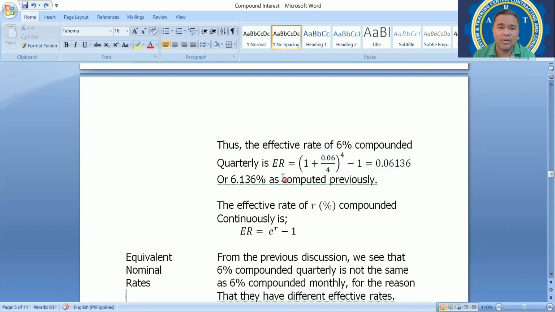So it is true. With this given formula, for all compounded interest we can get the ER anytime.